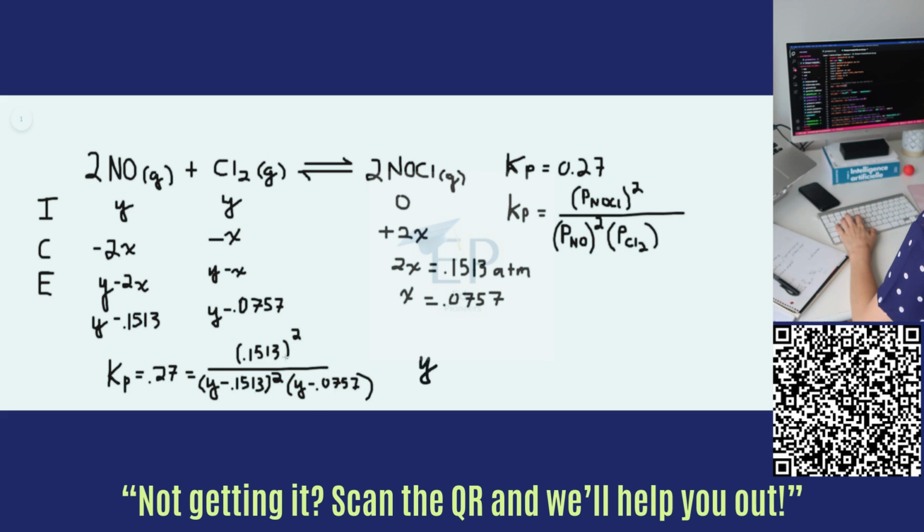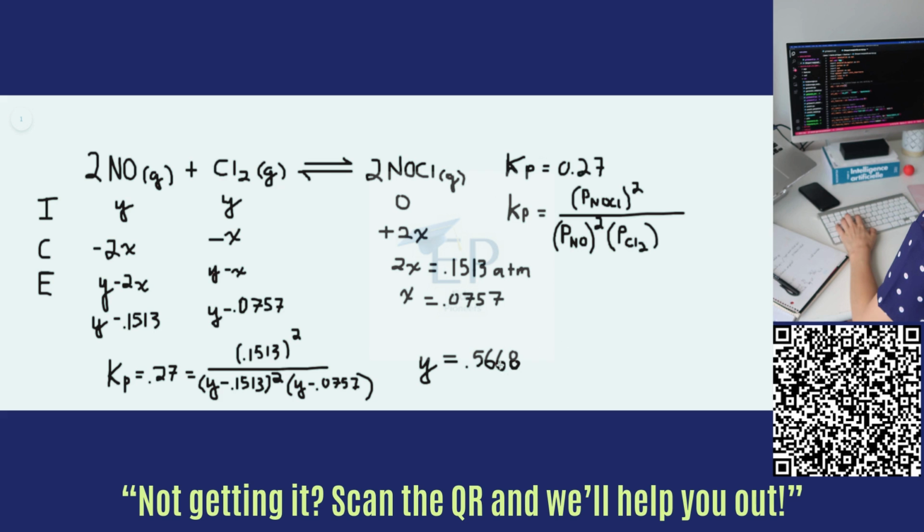And if you work this out, get your final equation, and solve for y, you would find that y equals 0.5668. And this, of course, is the initial partial pressure of each of these gases, which is the same.